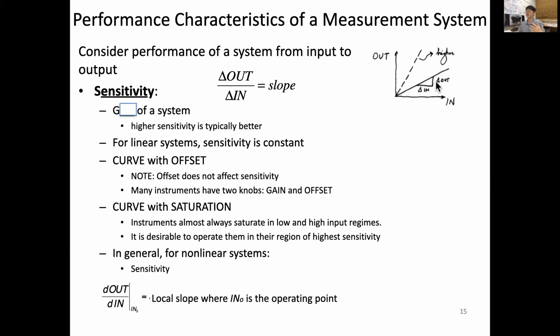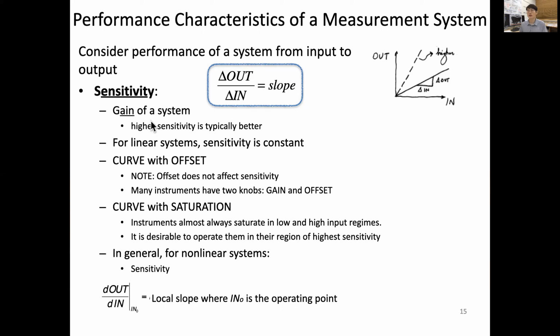This is very familiar to you from calculus, as this is the slope of this performance characteristic. This change of output with respect to the change of input is a slope, and we call it sensitivity. Or if it's a system, then we call this slope the gain of the system.